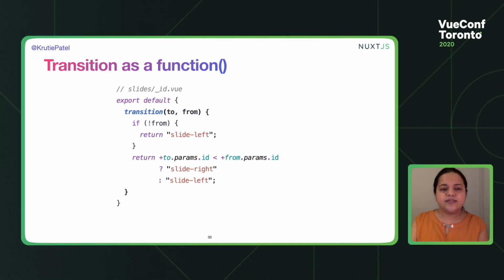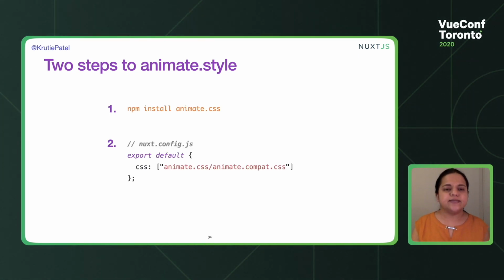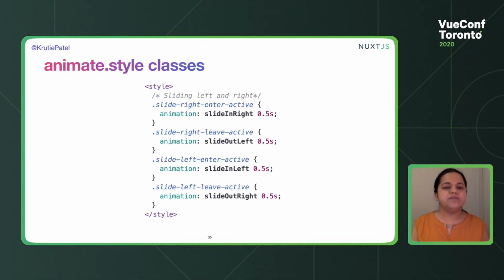So let's quickly see how we can include animate.style in your Nuxt project. It's a two-step process. First, we npm install it, and second step would be to include this CSS in our global CSS array. And once we have that set up, we can implement them into our view's transition system like so.